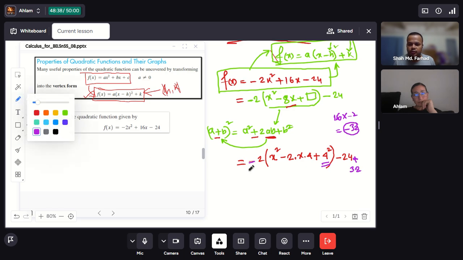Is it clear now? I got it. It looks complicated to you. I think it will be easier if we just apply this in a real world problem. Then I think it will be easy to understand.